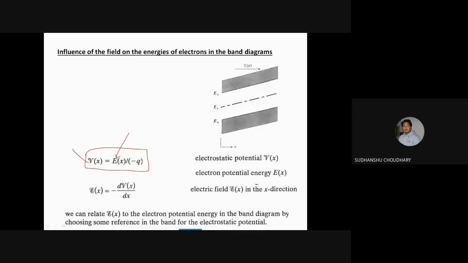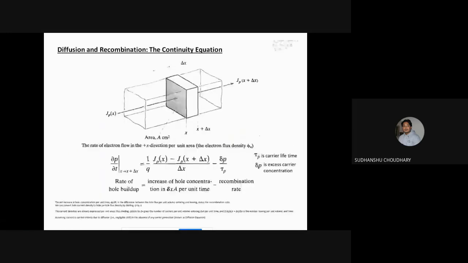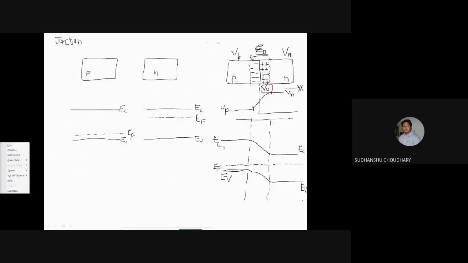Potential energy of the electron obviously corresponds to these energies, so one can say E is QV, that is potential energy. So the effect of electrostatic potential can be seen in the energy band diagram also, that is the effect of this V naught.